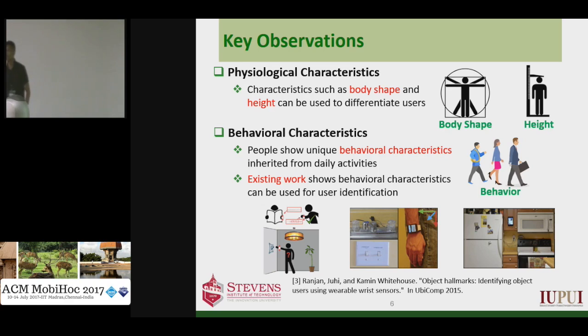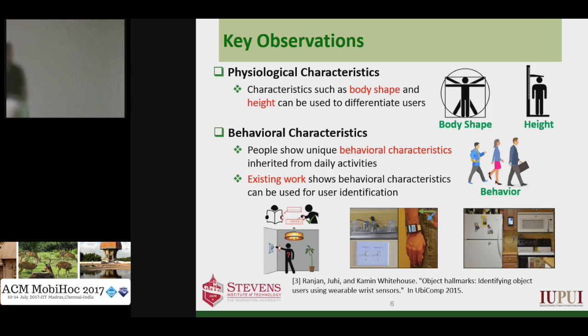They asked people to do a series of activities in a home while wearing a smartwatch. The authors relied only on the motion sensor readings from the smartwatch to distinguish different people, because they found that even for the same activity, different people may perform it in different ways.